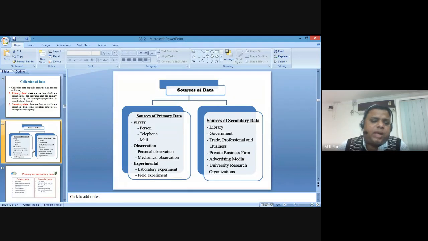So in mechanical observation, a particular person is assigned to observe the different activities or tasks allocated to different people on a particular shop floor: how they perform, how they handle, how they operate the machine. In this regard, they can directly note the exact cycle time and exact processing time of the machine.